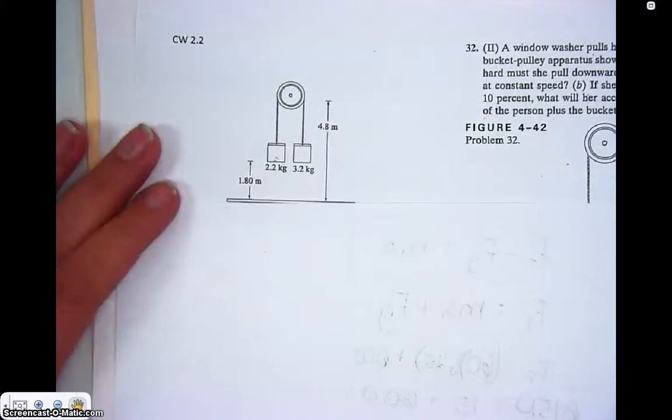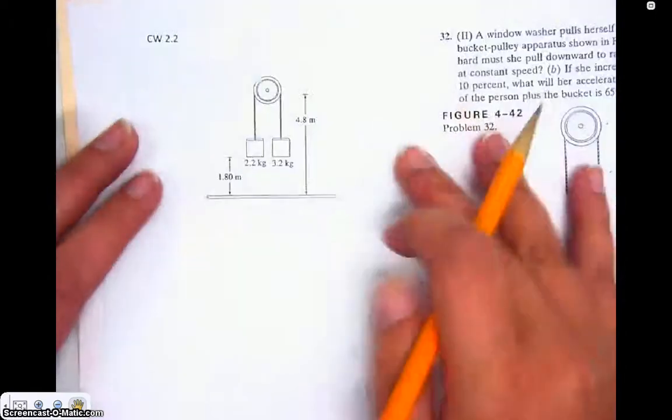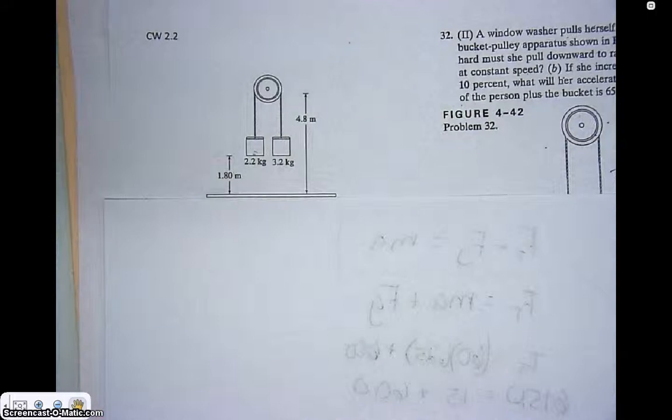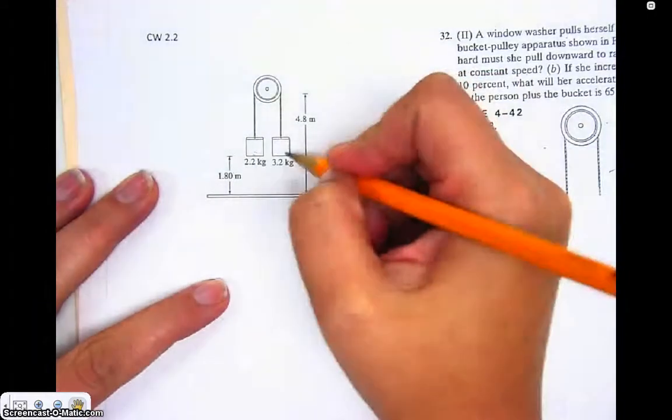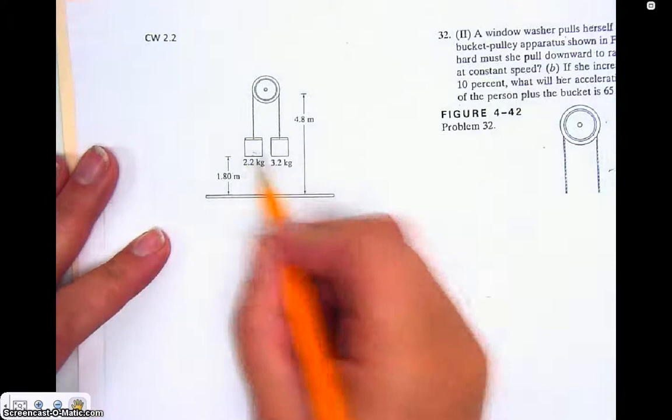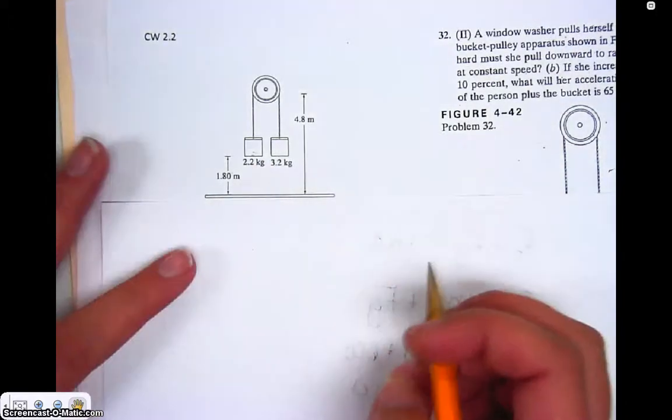The first thing we need to figure out is the rate at which this object is accelerating, which is the same as the rate at which this object is accelerating.